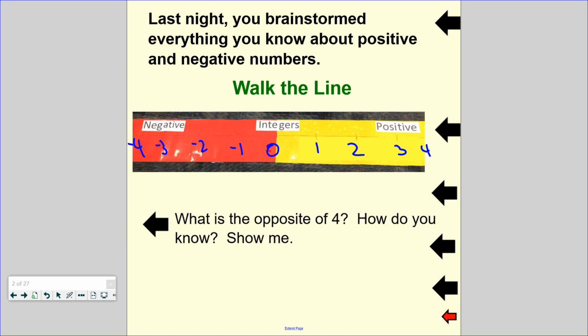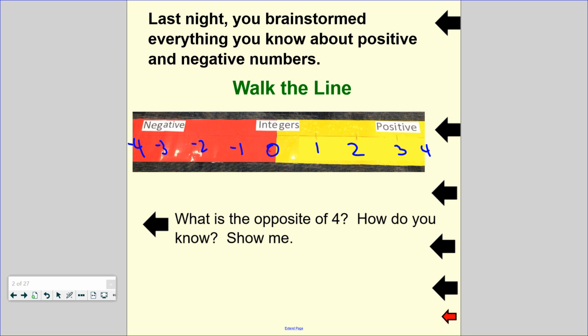What is the opposite of 4? So right here we see the number 4. What is the opposite of 4? I think it's -4. But how do you know that -4 is the opposite of 4? Some people will say the opposite of positive is negative, and the opposite of negative is positive.